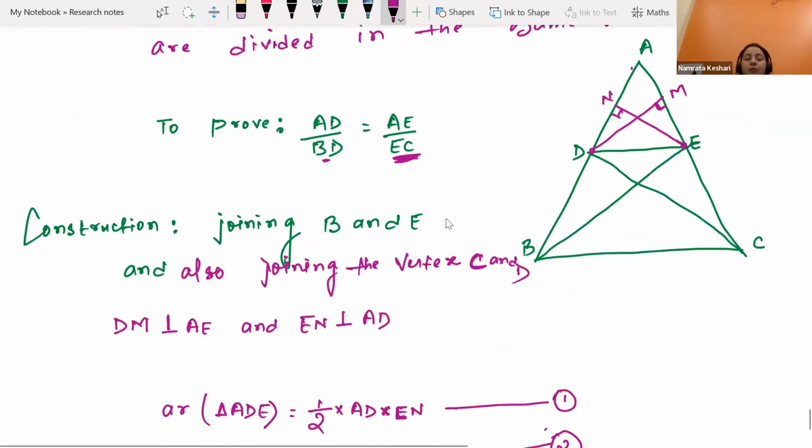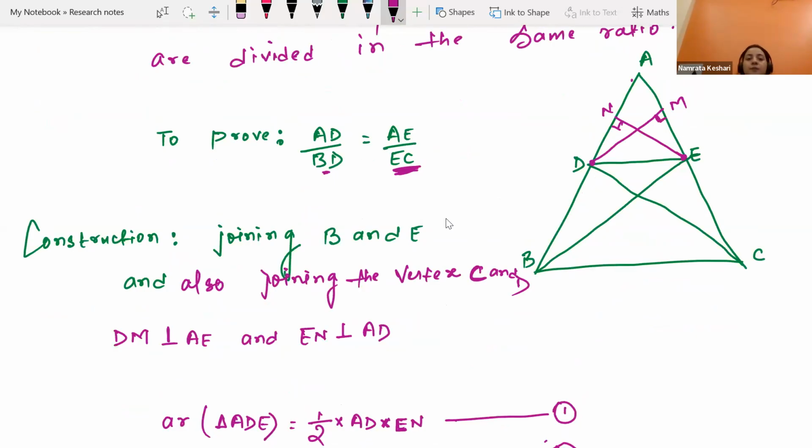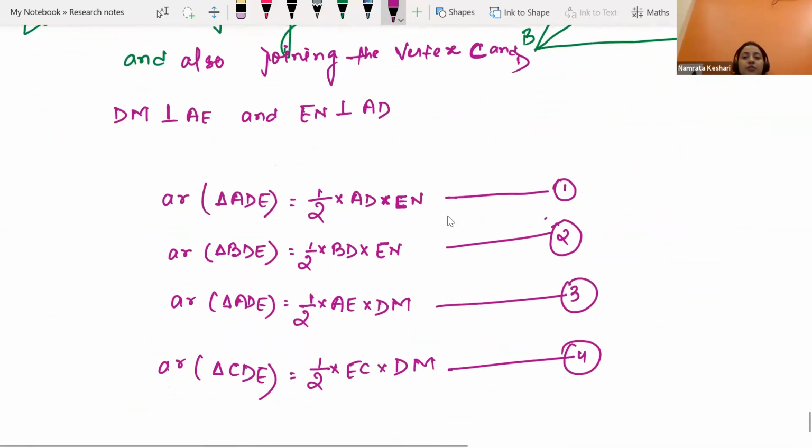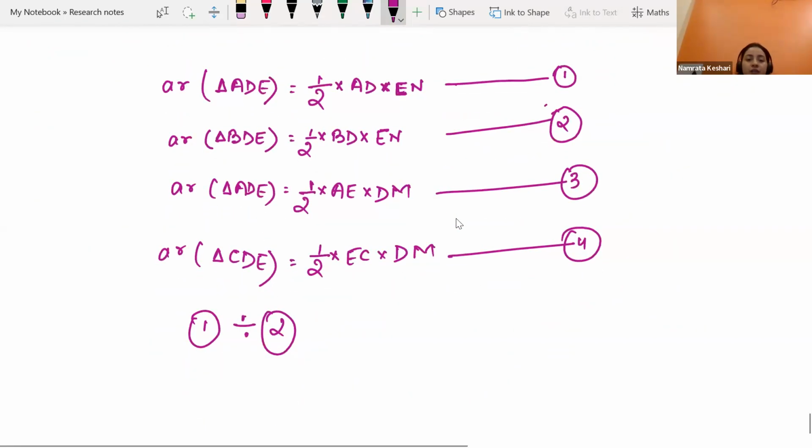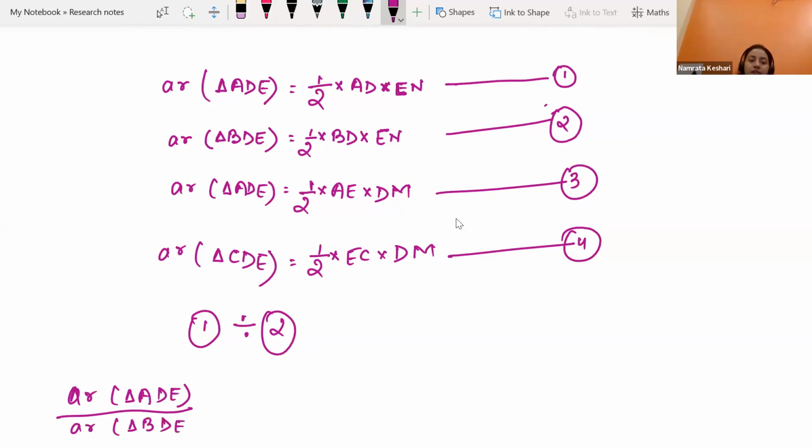Now since in our proof a ratio is there, we'll be finding the ratio of equation 1 and equation 2. So 1 divided by 2 will give us the area of triangle ADE over the area of triangle BDE, and if you want you can write it as 1 by 2 into AD into EN over 1 by 2 into BD into EN. See, we are going to do the division.